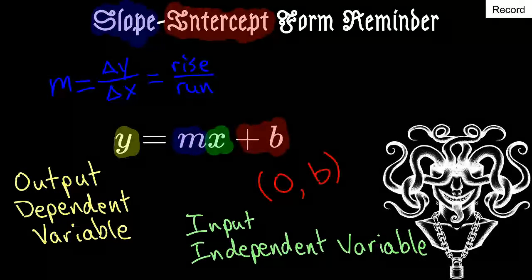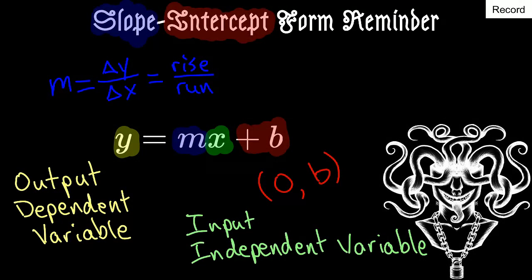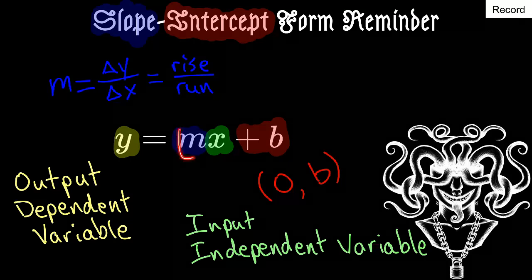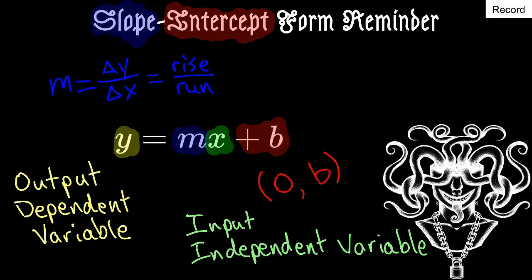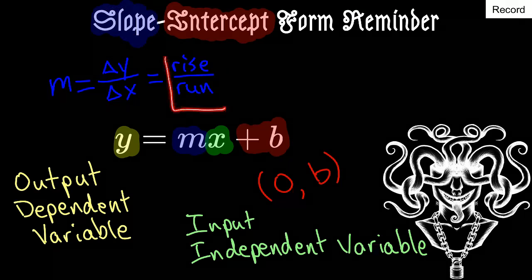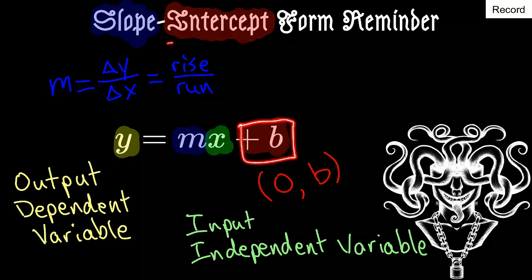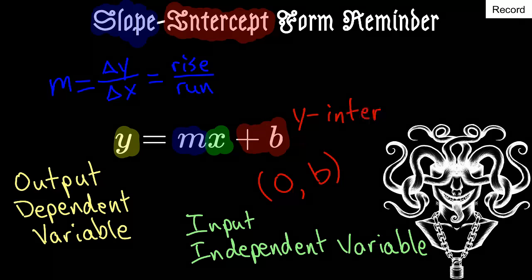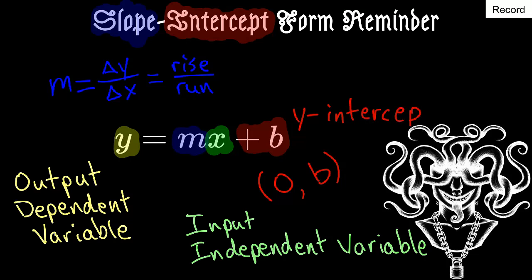All right, on this slide, this is just a reminder of the slope-intercept form of the equation. Our m here in the equation is our slope, which is delta y over delta x, and you've probably heard that as rise over run. Our b value is our intercept, and I should be a little more specific there. It is our y-intercept. It is the spot on the line that crosses the y-axis.